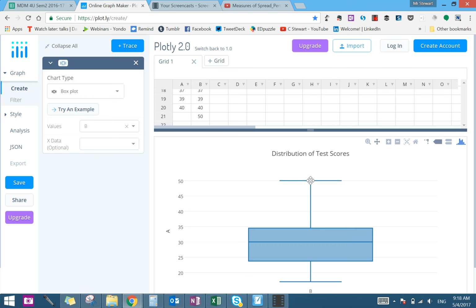So the significance of that? Well, visually speaking, if you start looking at how the data is chunked out in these particular intervals, the lower 25% of the data is just underneath the median value. Here is another 25% of the data. And then we have quite a bit more spread here. So we have the upper 25% of the data between 34.5 and 50.